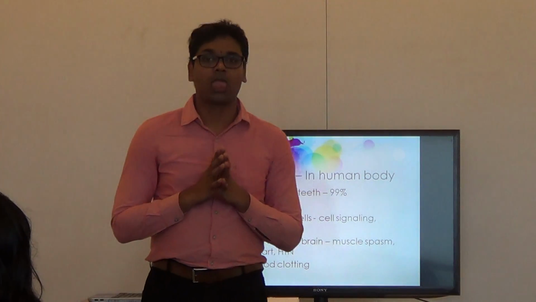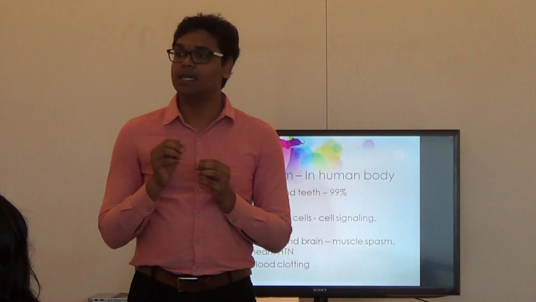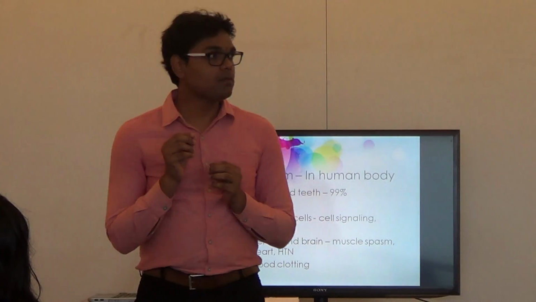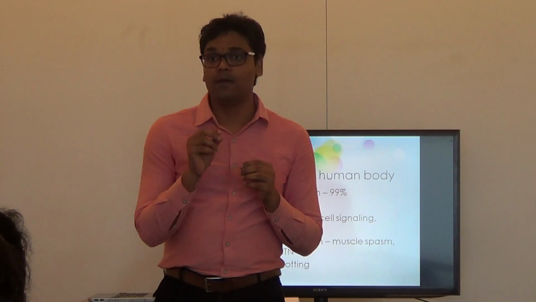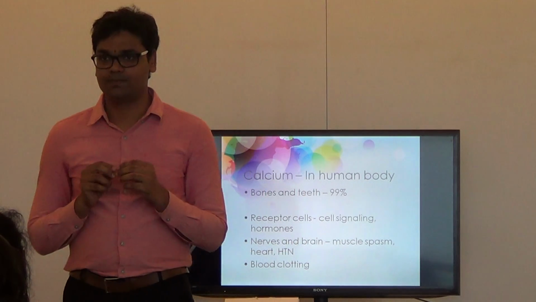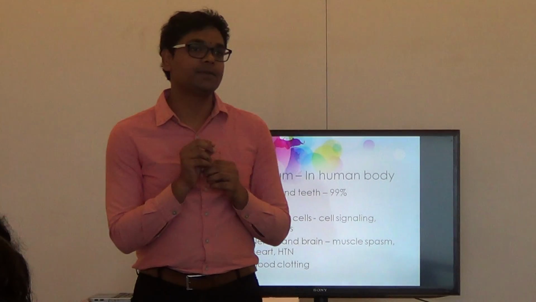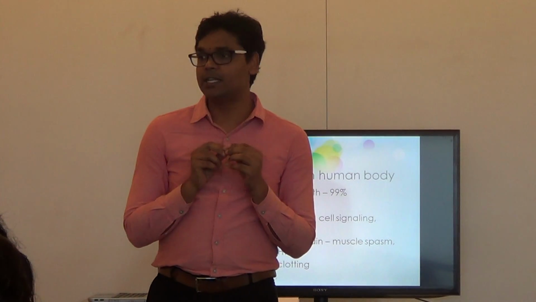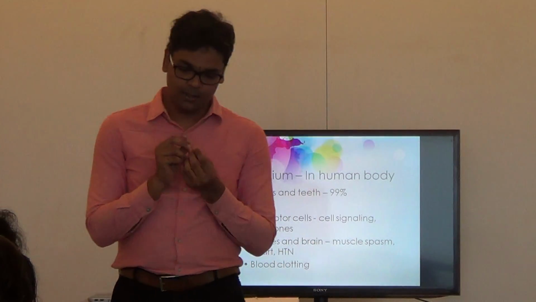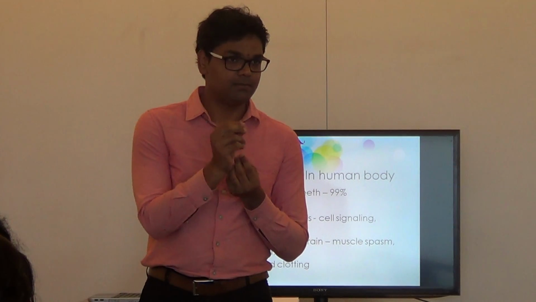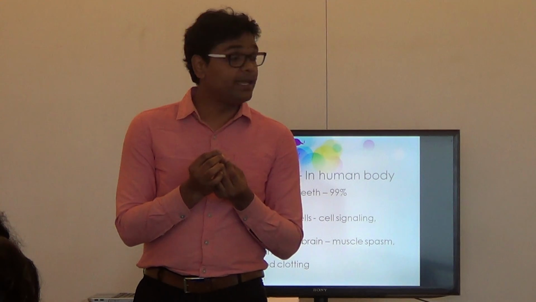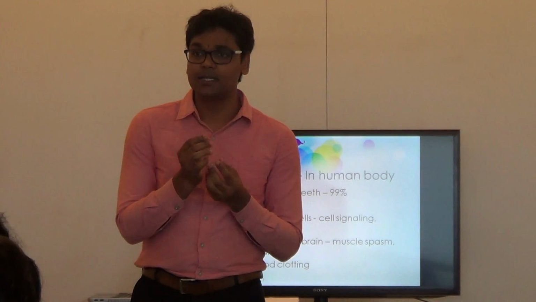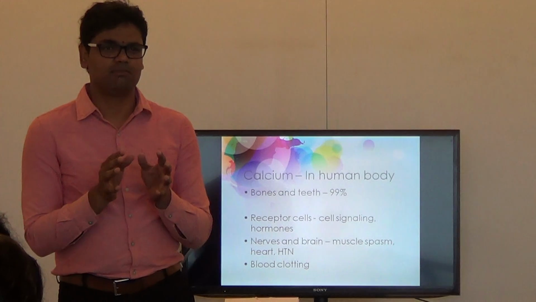Right? One more important thing is in calcarea, one of the symptoms that Kent writes related to teeth is that he says that what you will see typically is that the child is having teeth erupting. While the eruption is taking place, the teeth is not so good.